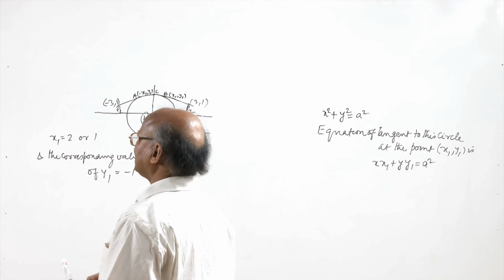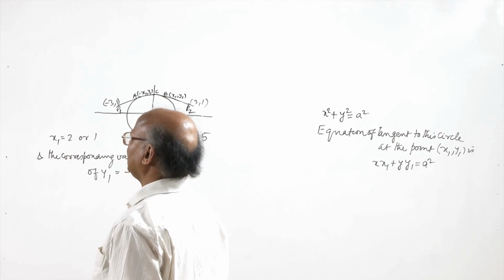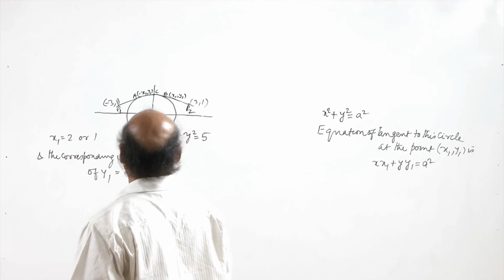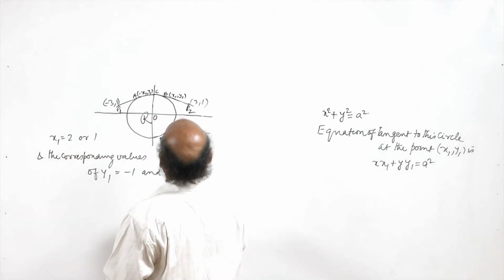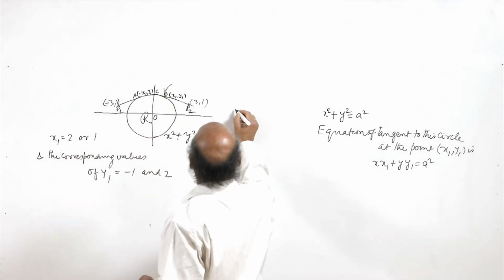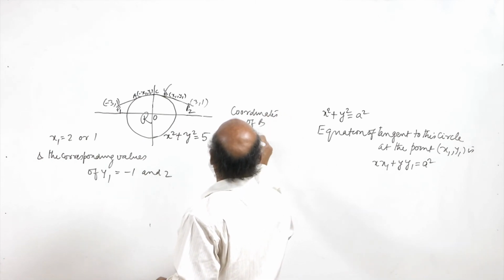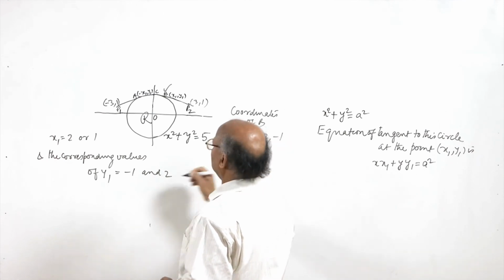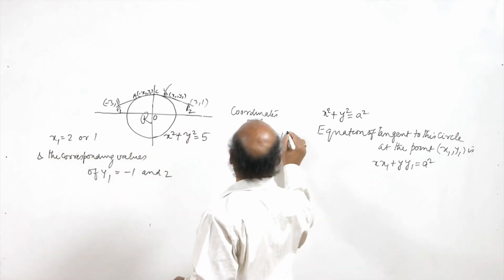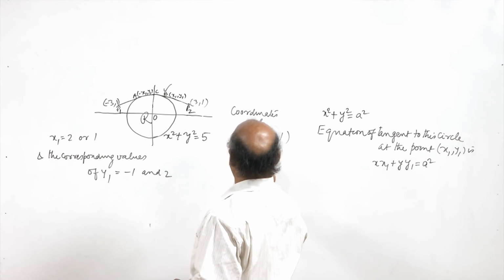Okay, so the coordinates of B will be either (2, -1) or (1, 2).